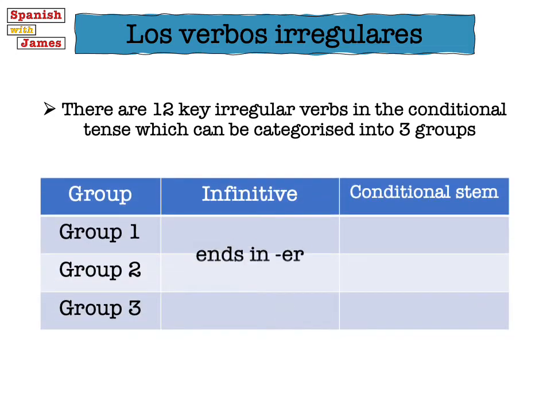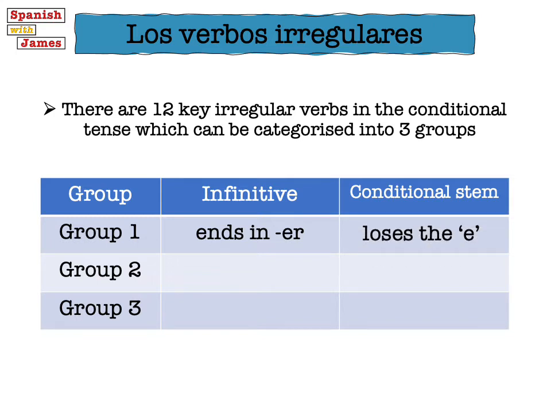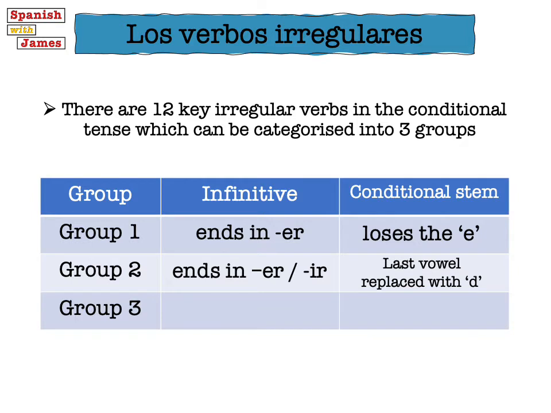The first group are verbs whose infinitive ends in ER and their conditional stem loses that E. The second group, there are some ER and IR verbs in there, and the last vowel in the infinitive gets replaced with a D. The third group is only two verbs, it's decir and hacer, and there's no rule. You just have to learn those ones, but none of this is overly complicated. We're going to go through them group by group and look at the rules and look at how these verbs behave.